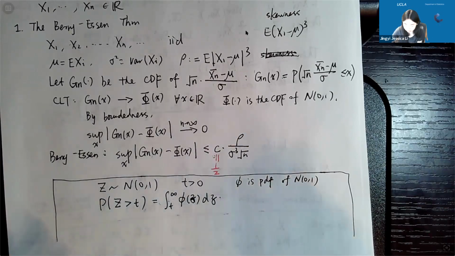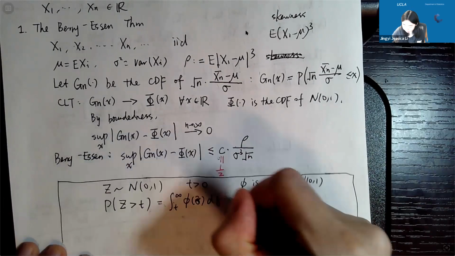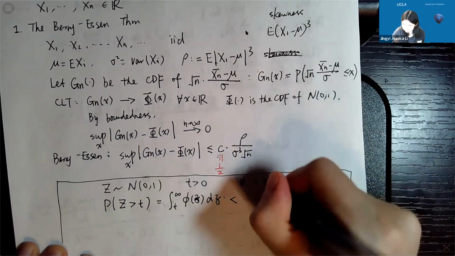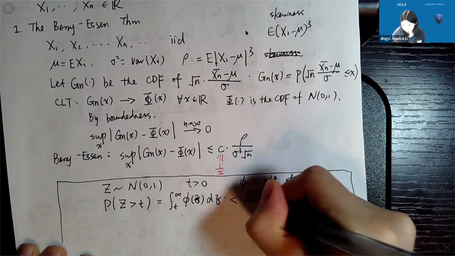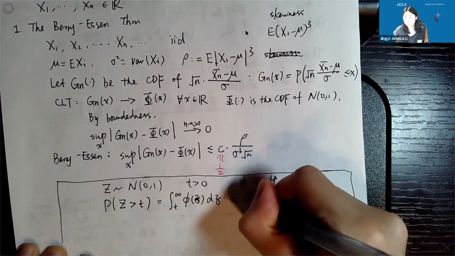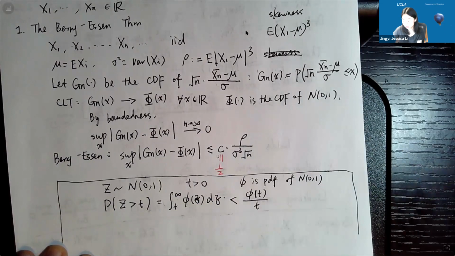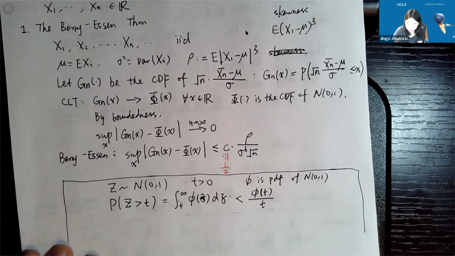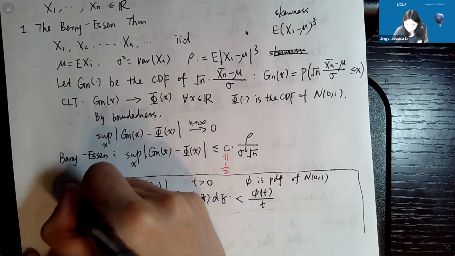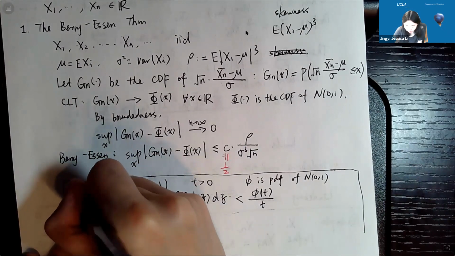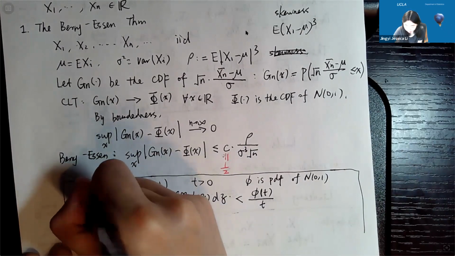In fact, it is upper bounded by phi(t) divided by t, so it's 1 over t times phi(t). And the other end, the lower bound, can be written as (1 over t minus 1 over t cubed) times phi(t).